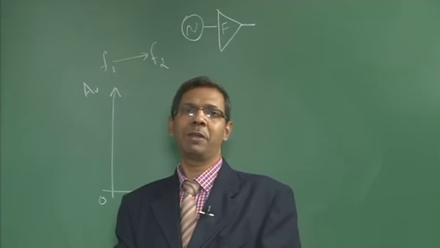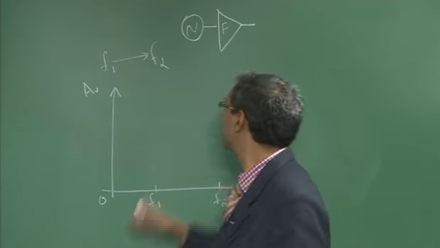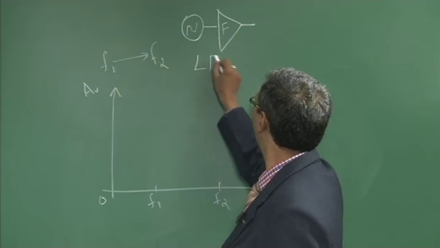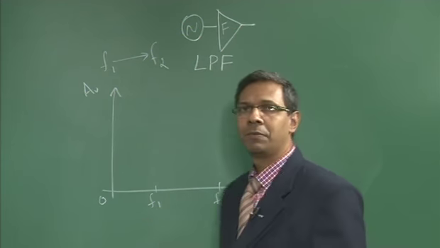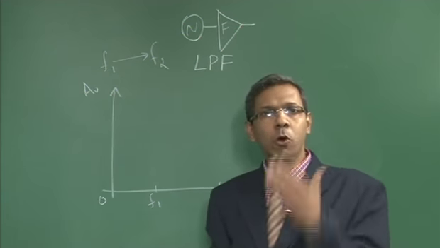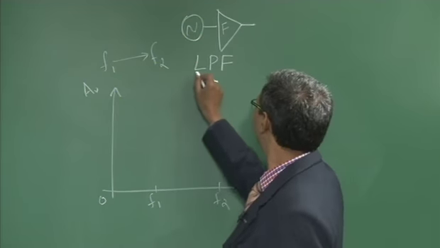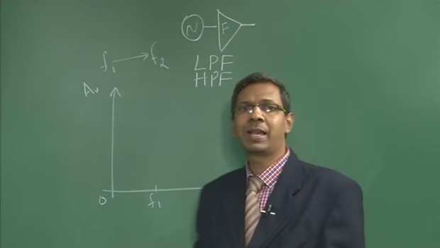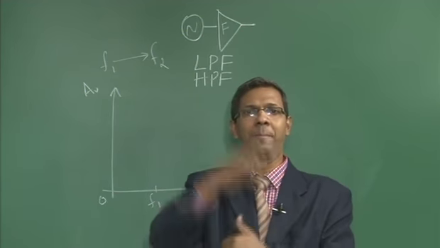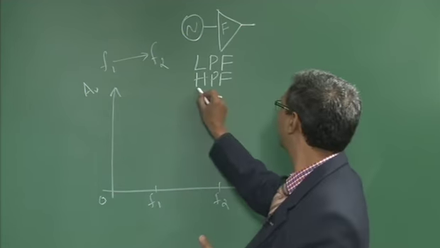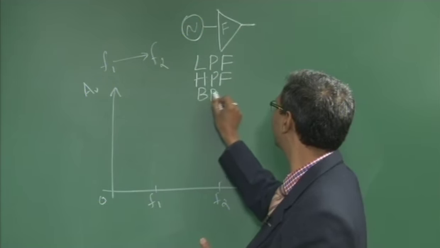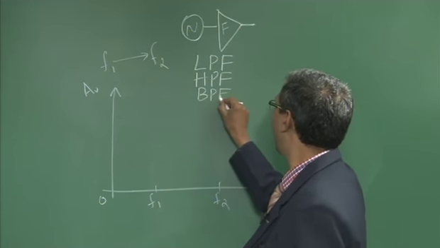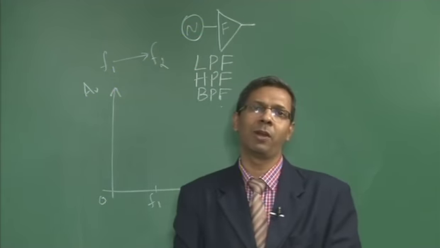Filters can generally be of 3 types. Something called a low pass filter, which means it passes only the low frequency components. Then we have the high pass filter, meaning it can only pass the frequencies which are beyond a certain frequency. And we have band pass filters, meaning I can pass only the frequencies which fall in a certain band.